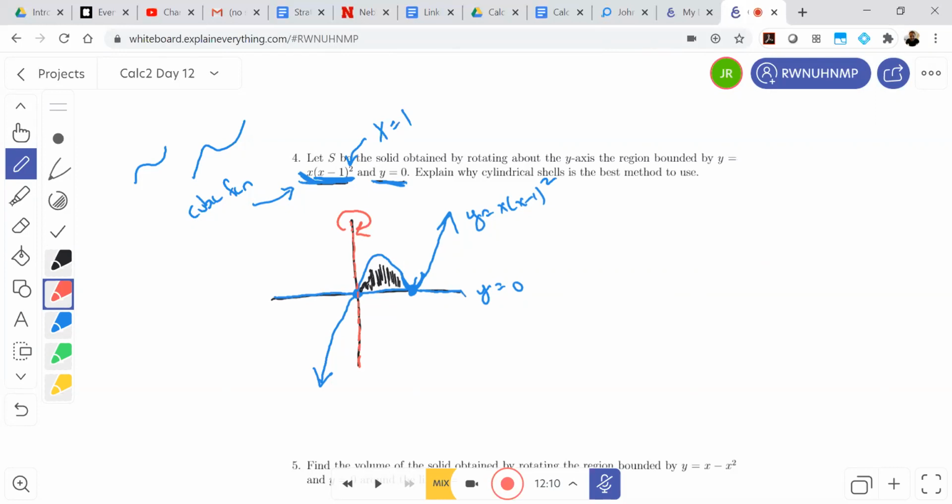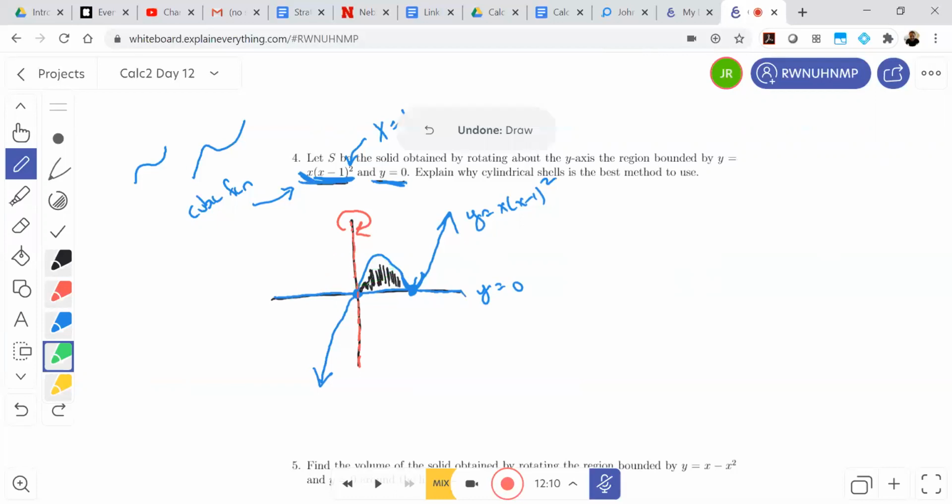Again, before we jump immediately to cylindrical shells, I'll point out that there are two ways that we could go about doing this. One would be to create a flat line like this, revolve that, and that would give us this disc. I guess technically this washer, because we can stick our arm through it. And we could then approach this using the method of washers, using that formula.